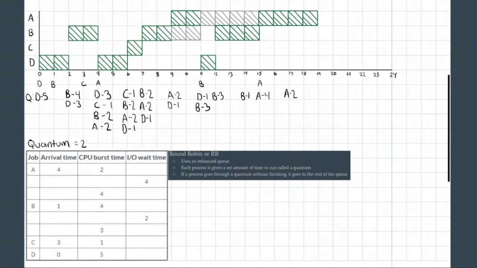I thought that A, according to the chart, the burst time for A was only 2. Or I wanted to ask why you said it was 4. Maybe I'm just not seeing something. Yeah, so the first burst time was 2, which is why we colored in 2 for its first quantum, because the quantum and the burst time corresponded.